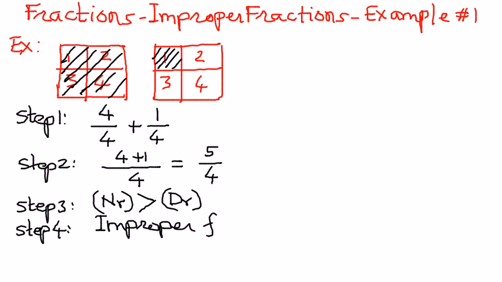Whenever the value in the numerator is larger than the value in the denominator, we call it an improper fraction. 5 is larger than 4, therefore we're going to call it an improper fraction.